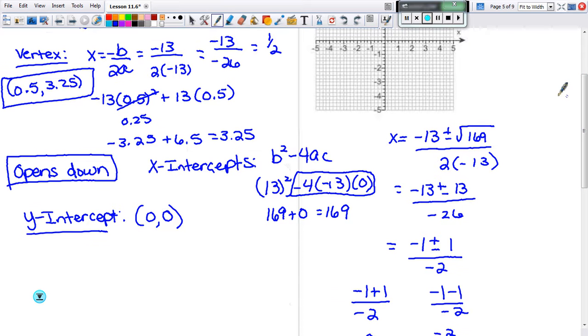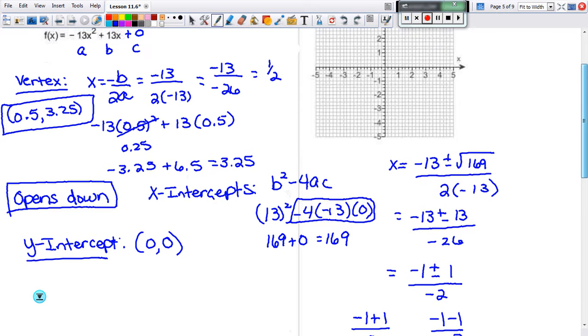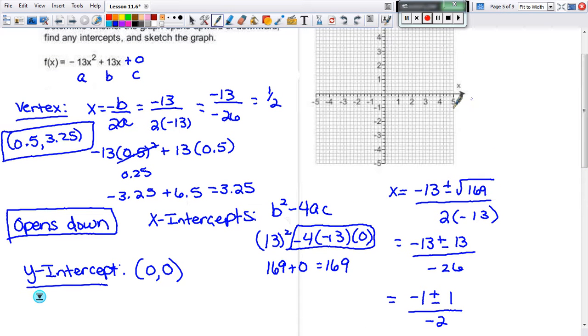So your vertex is 1/2 and 3.25. That's right here. I've got to move it up a little bit. So 1/2 and 3.25 is right there.